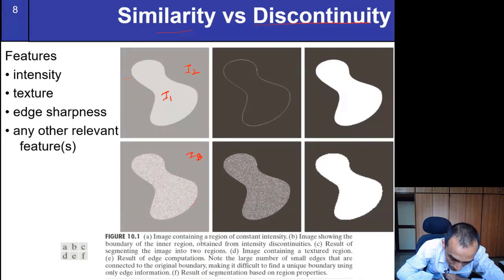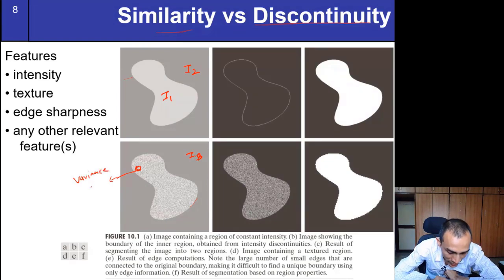One way is to select a local area anywhere in this image, and calculate the variance of the intensity values in that region.